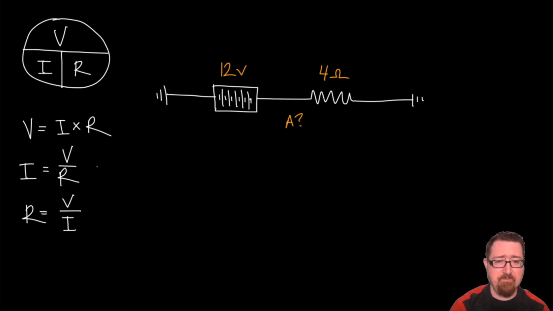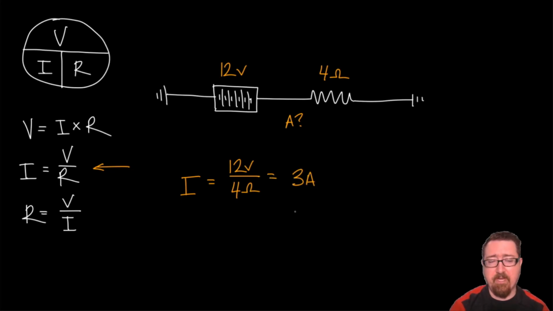So again, this time, because we're solving for I, we would use this formula. So it'd say I equals 12 volts divided by 4 ohms. So 12 divided by 4 equals 3, and then we would put amps on there because that's what would obviously be in that situation.